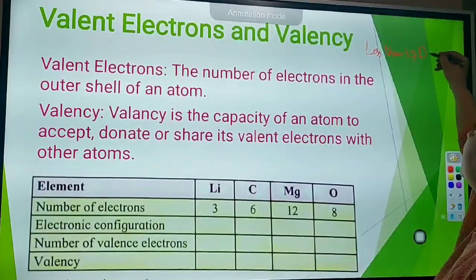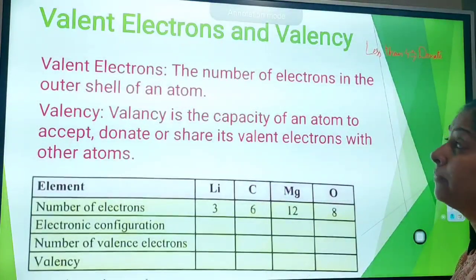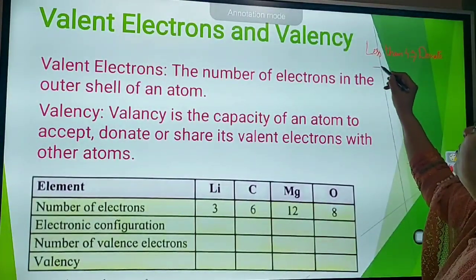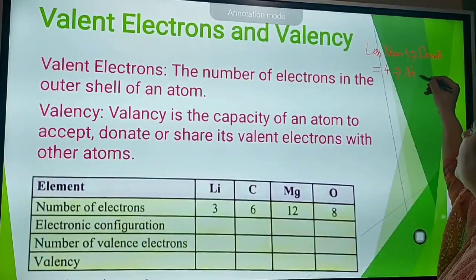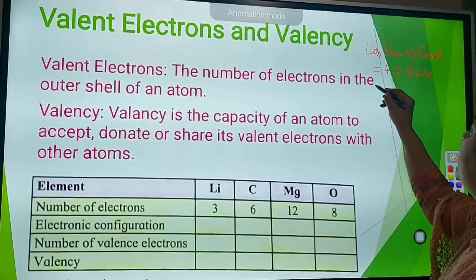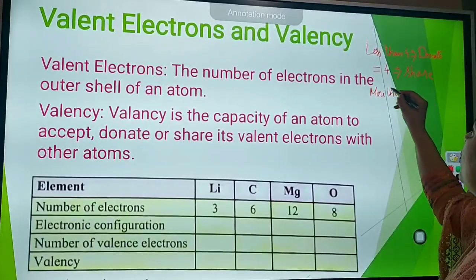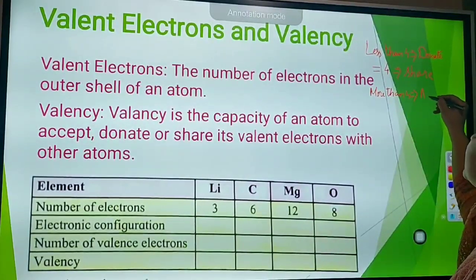It will donate. It is easier to donate. If it has, say, equal to 4, it will share. If it has more than 4 electrons in its outermost shell, it will accept.